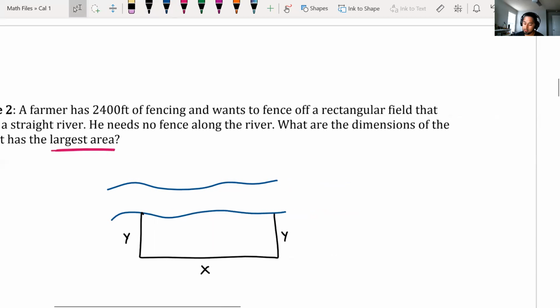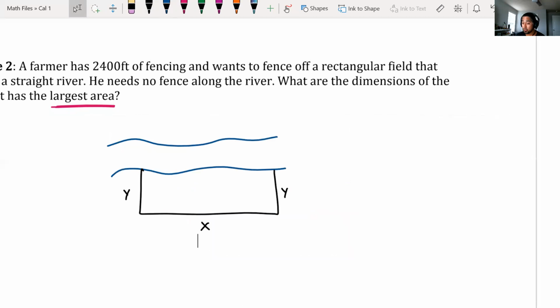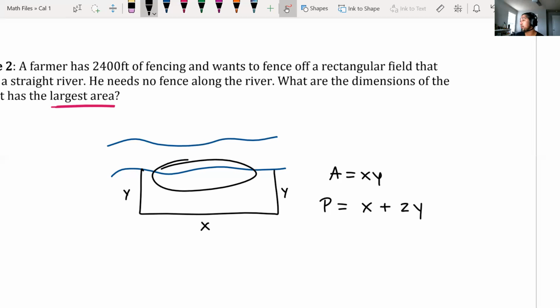Well, we know that the area of a rectangle is still x times y. The perimeter of this rectangle is going to change. We now have x plus 2y.